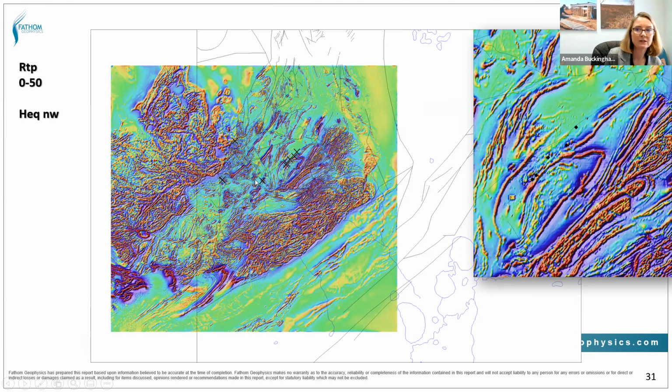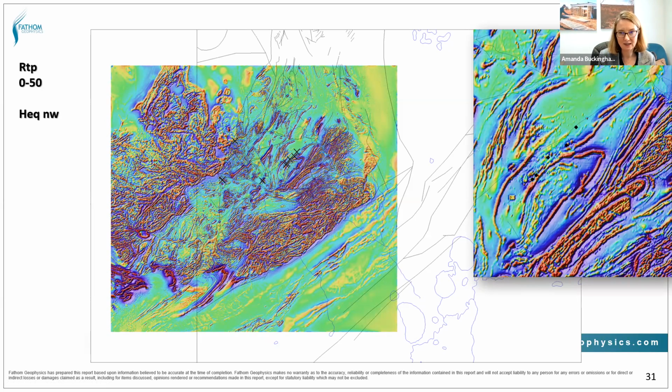What have we got here? We've got shallow residual. Okay. So remember I said you can separate your data into shallow, intermediate, and deep responses. So here we've got the magnetic data over the Broken Hill area, and we've just kept the 0 to 50 shallow residual.